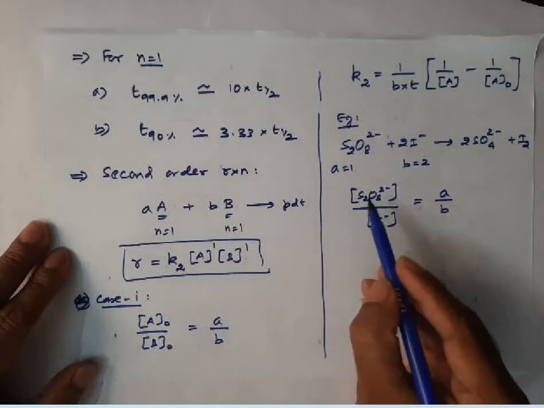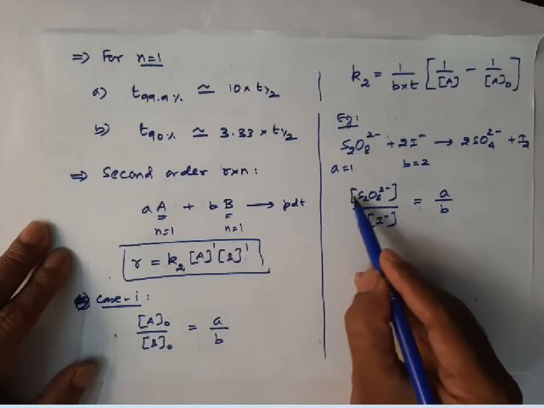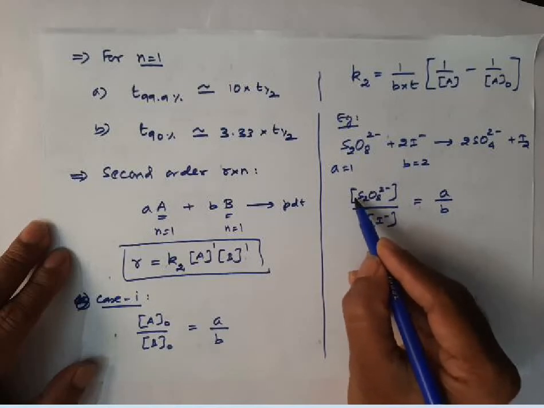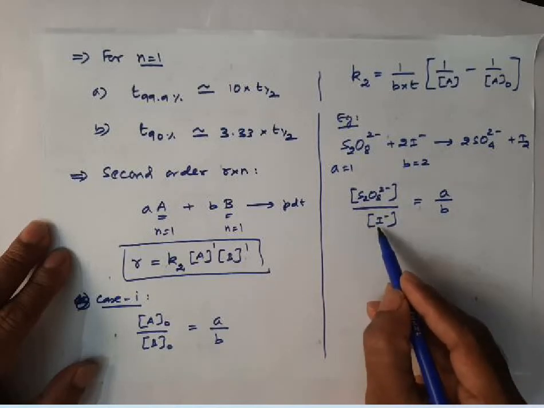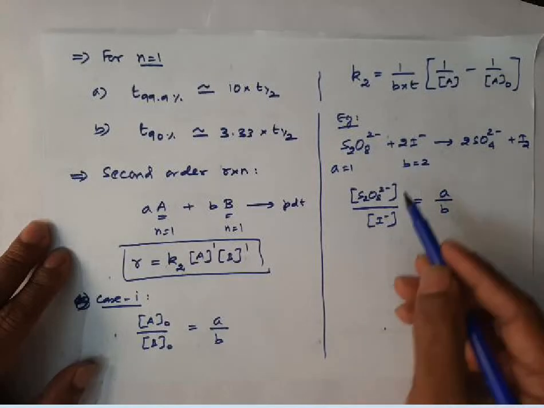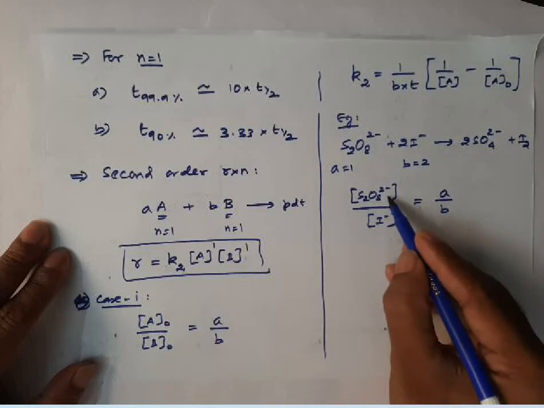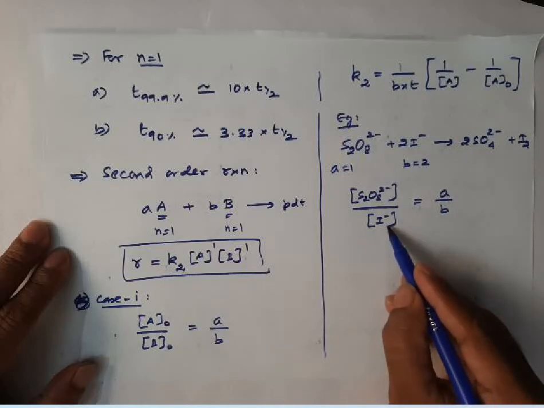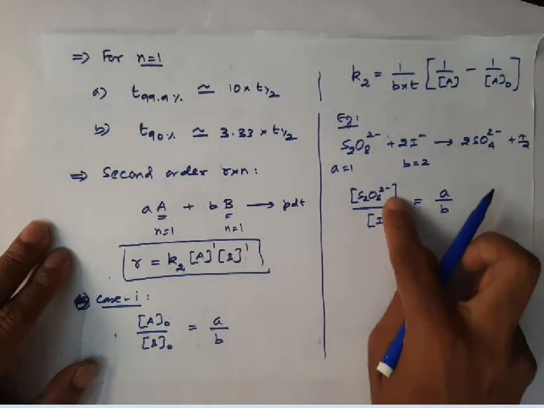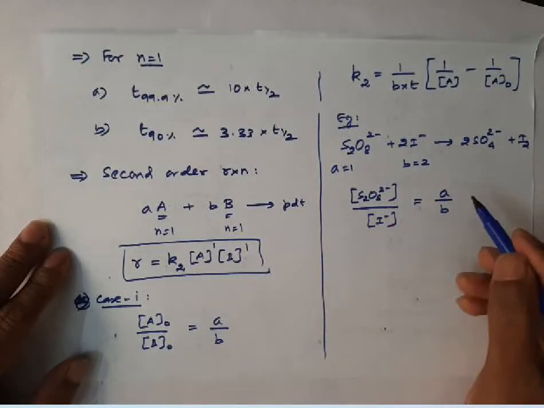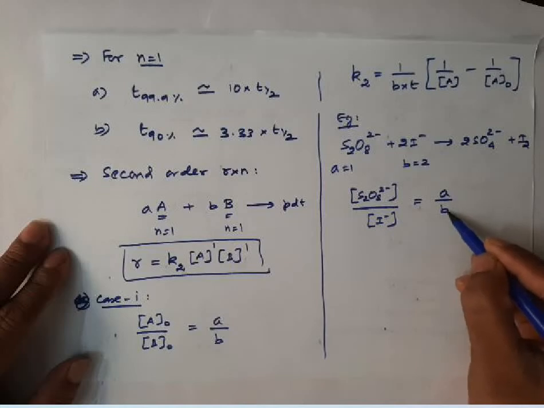suppose I take 0.1 mole of peroxide sulfate, and this is 0.1 mole and b should also be 0.1, right? If both are 0.1, what I'm trying to say here is, this is actually 2, no?